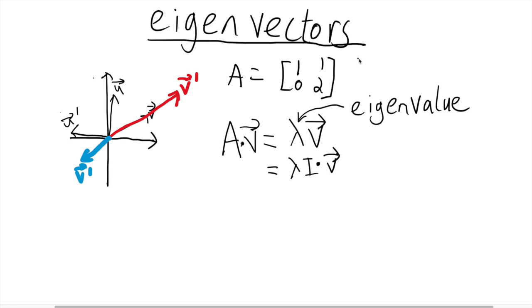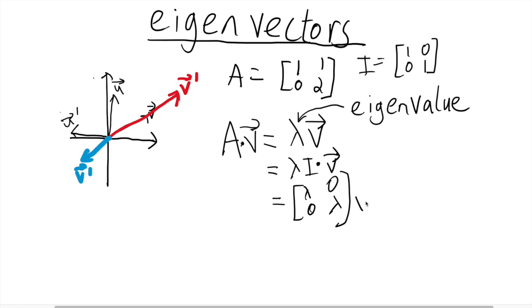And if we remember from before, I is equal to 1, 0, 0, 1, so this will be equal to lambda, 0, 0, lambda, multiplied by v. Now we can take the matrix over to the other side, and we will get Av minus lambda, 0, 0, lambda, v is equal to 0.